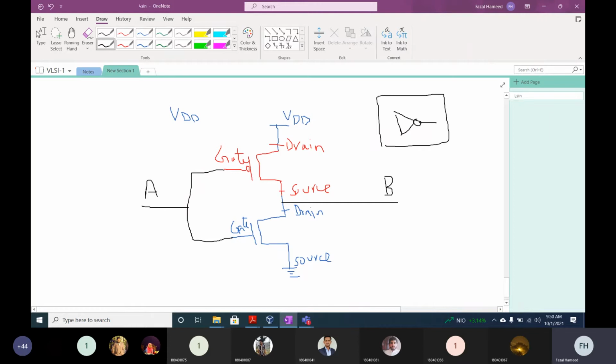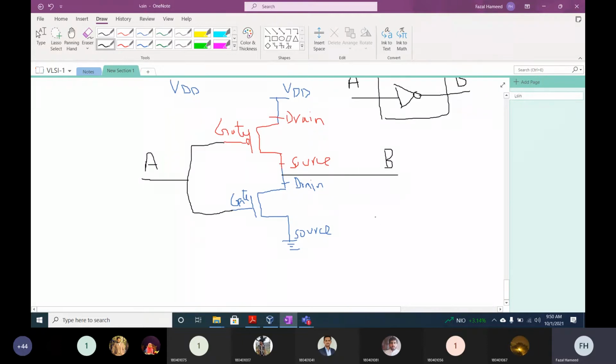If you look at the module, A and B. Now, if we want to write the code for any transistor, the format is like this: NMOS, drain, source, and gate.